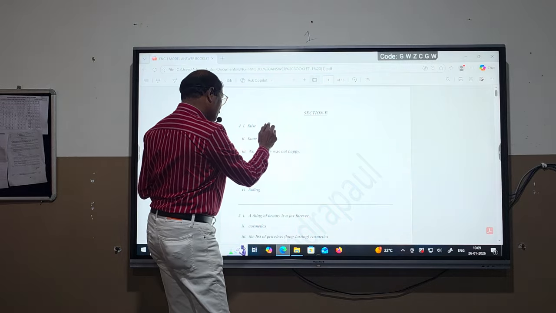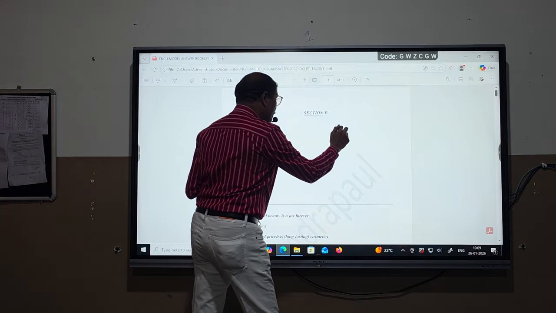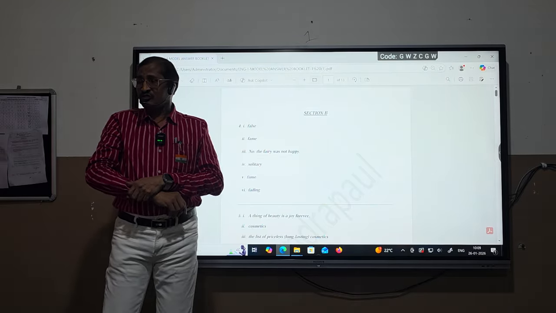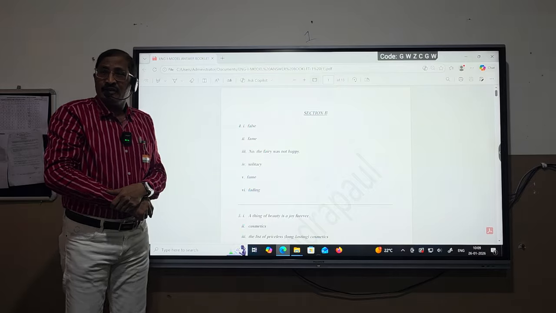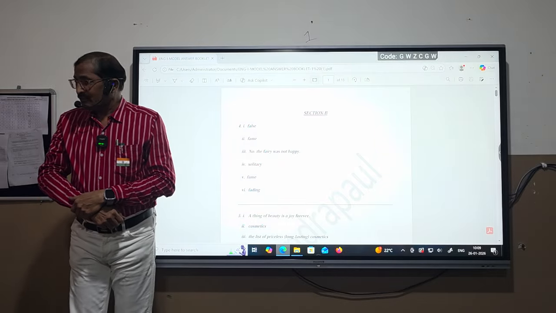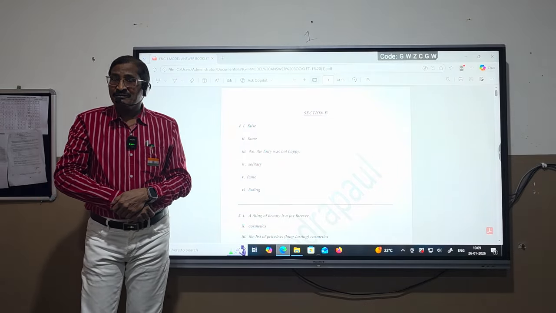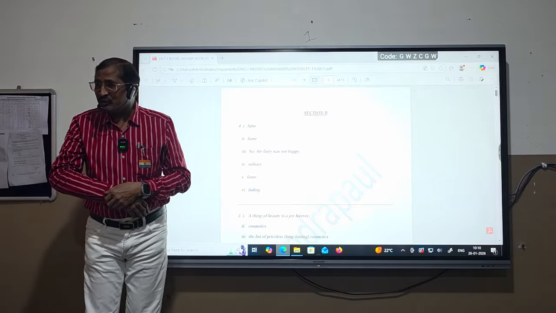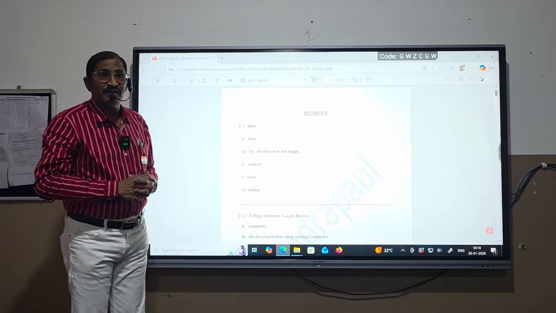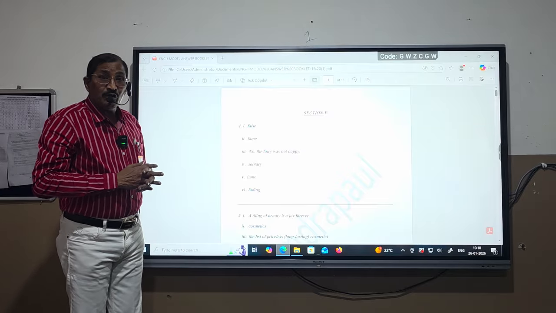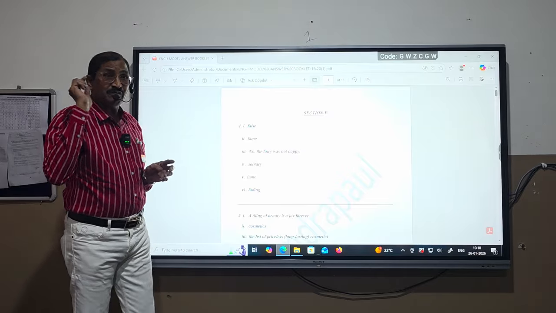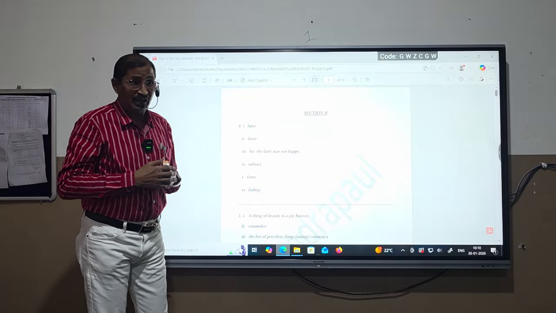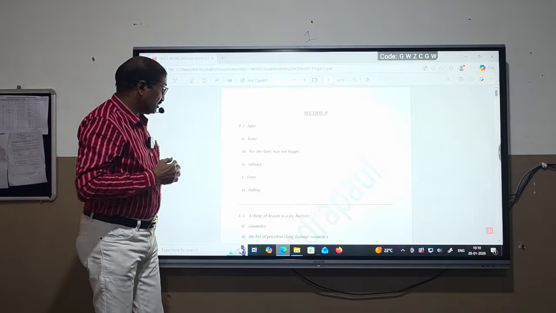For 1, 2, 3, 4, 5, 6, they leave the remaining part of the page blank, as if this place is for the construction of someone's house. Why? Don't do this. You have 24 pages in your answer booklet. I forgot to get the model question answer booklet, or I would have shown it.